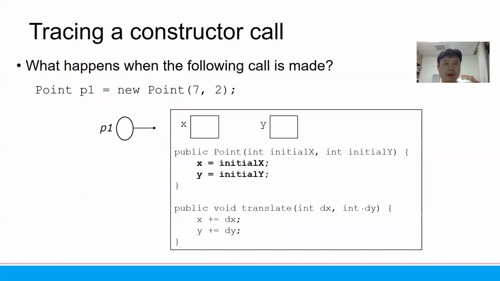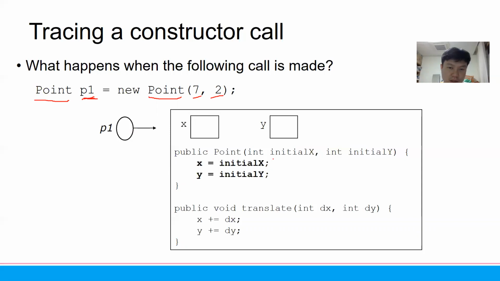So what happens if I call this constructor? Okay, so you have the Point class, and then I have p1, and then I have a new Java class, and there are two parameters, 7 and 2. Then when you do something with p1, p1 is the new object.